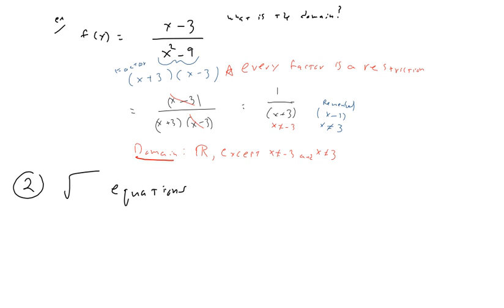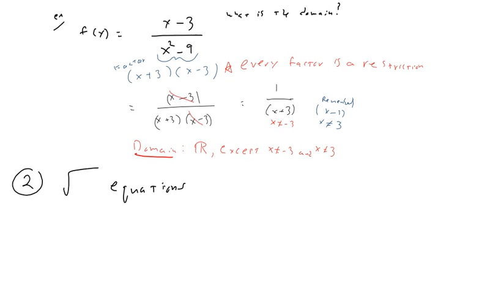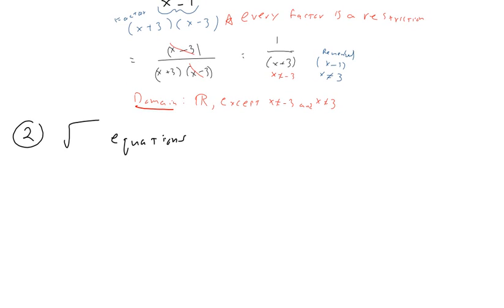The reason why this restricts it is that under the square root, the part under the square root, right, you're only allowed to take a square root of a positive number. Those are the only numbers that are allowed.